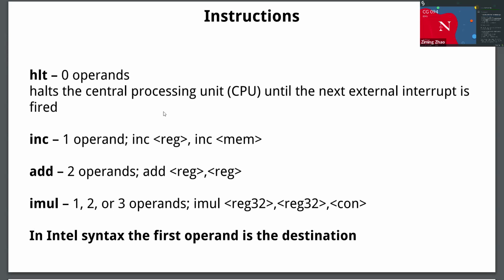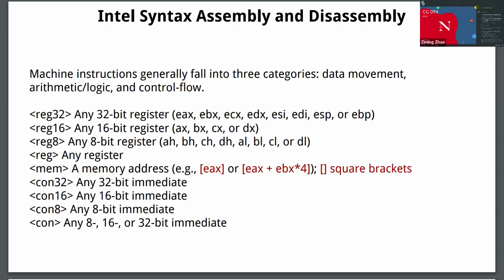Then we have signed multiply. This is the destination register. We multiply one register with a constant or another register and store the result in here. So those are different instructions with different numbers of operands.